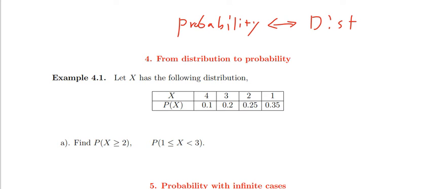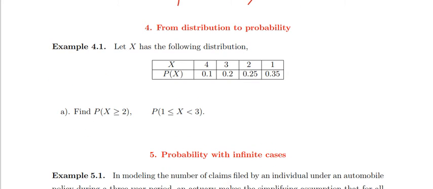For example, if we know this random variable x has this distribution, we can easily find those probabilities. Like x larger than or equal to 2: x can be 2, 3, or 4, so it equals 0.25 plus x equals 2, x equals 3, and x equals 4.